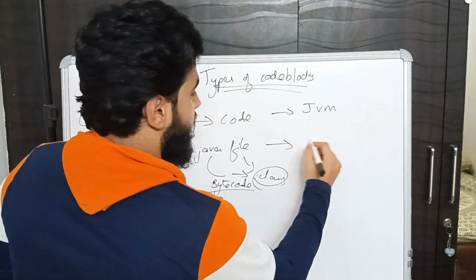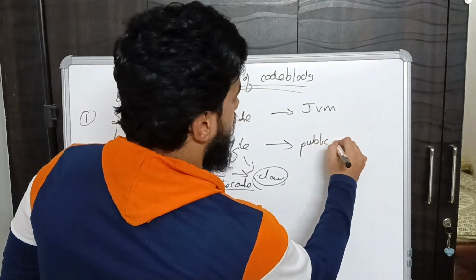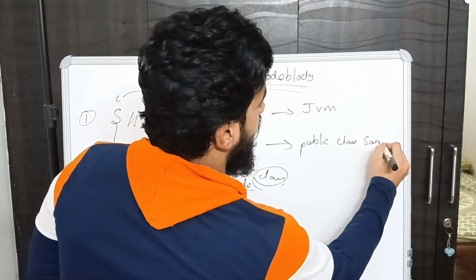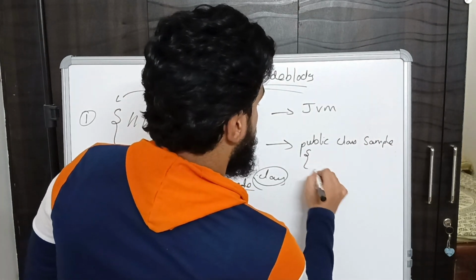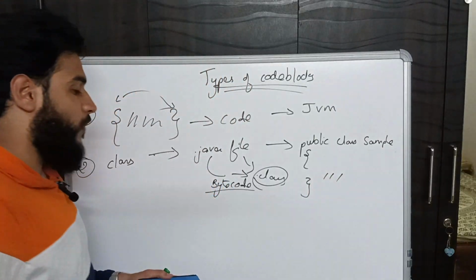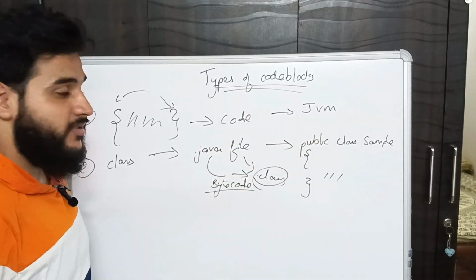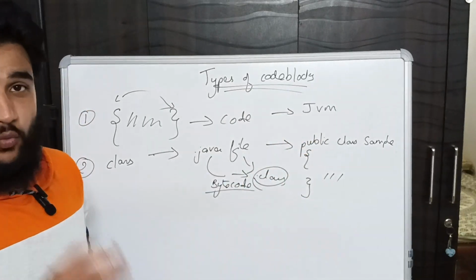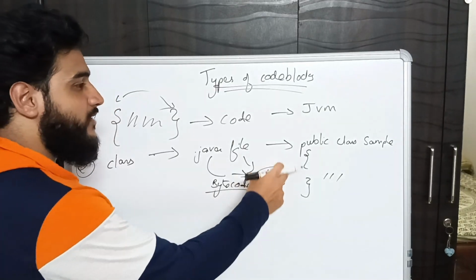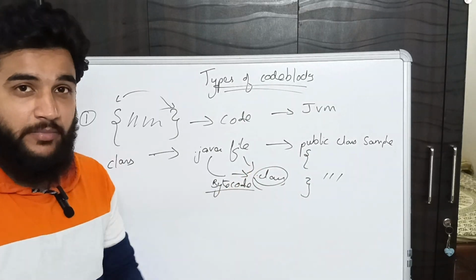It is written in this way. As you can see over here, this class encompasses these two curly braces. Wherever these two curly braces come in, you have a code block. This particular code block, which is the class, is interpreted by the JVM in a special way.